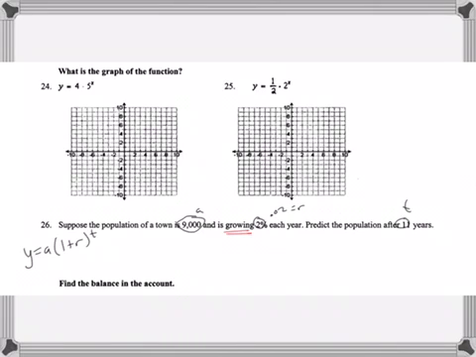So we just want to plug in what we know. So y equals 9,000 times 1 plus 0.02 to the 11th power. We can plug this into our calculator, and when we do so, we get that the population is right around 11,190 people.